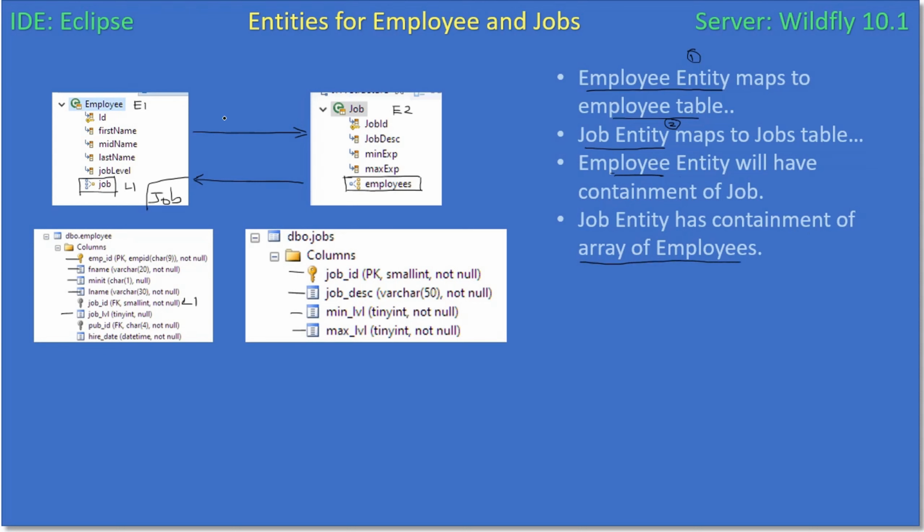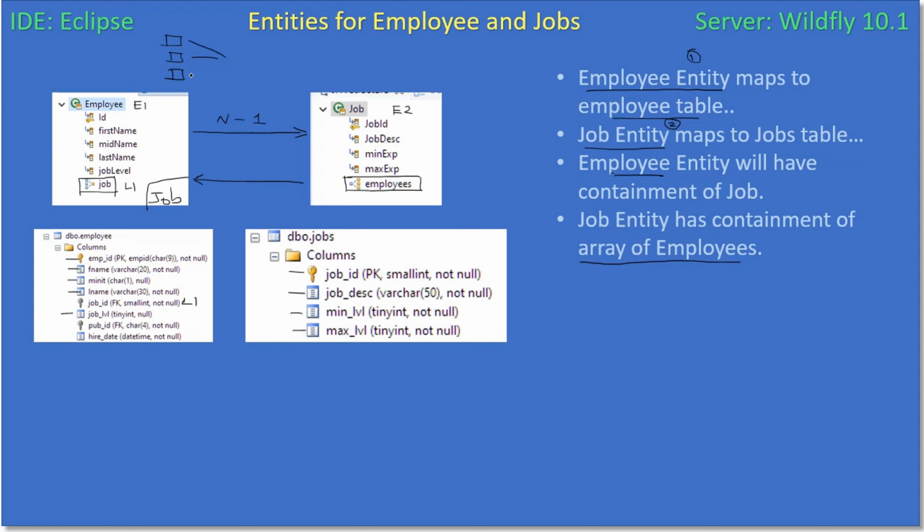So this is an n to 1 mapping, that means many to one. Many employee records may map to a single job entity. Many employee records, in the sense we can call them many employee entities, can map to a job.